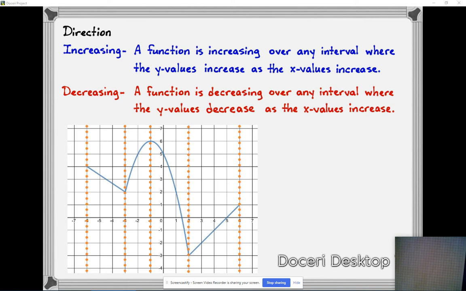Okay? So in this graph, we would say that we are decreasing from this line to this line. Well, what is that? That's from -6.